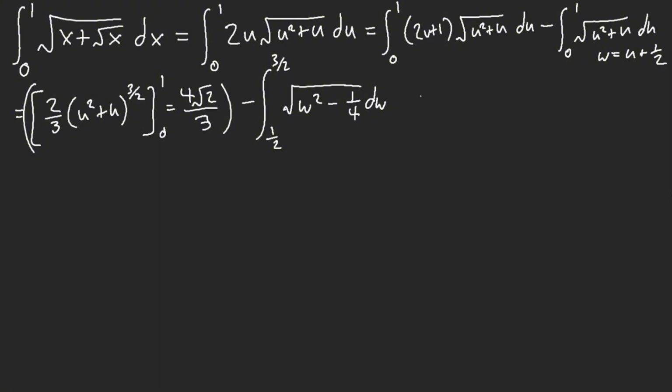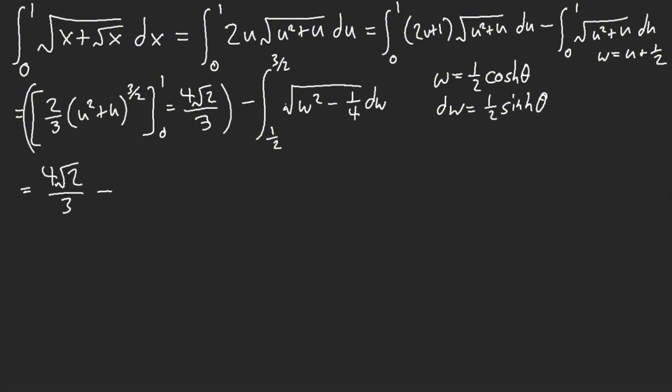Now here I can just go ahead and dive into hyperbolic substitution. So this is cosh theta, right? And now we have dw equal 1/2 of sinh theta. So this is 4 root 2 over 3 minus the integral.